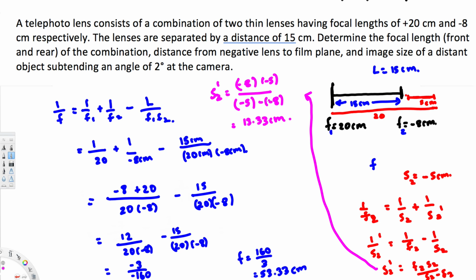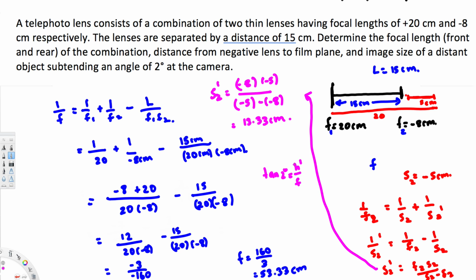Now let's see what else they are asking. They are asking what is the image size of the distant object subtending an angle of 2 degrees at the camera. To find that, we can use tan of the angle. Tan 2 degrees is equal to h prime over f.